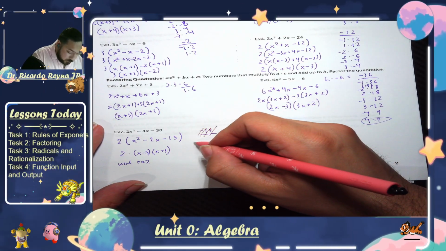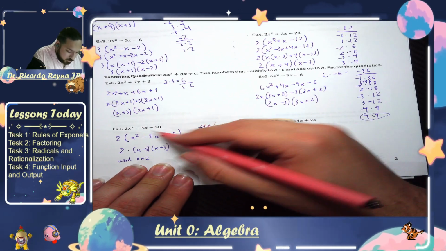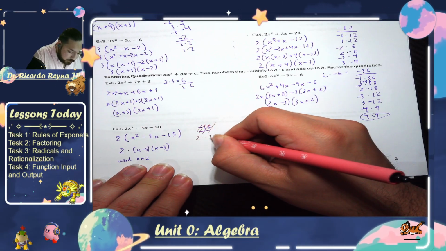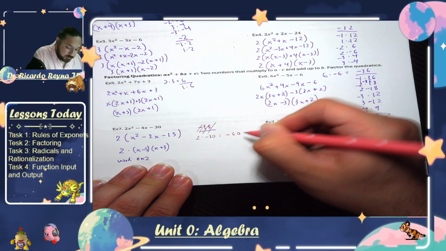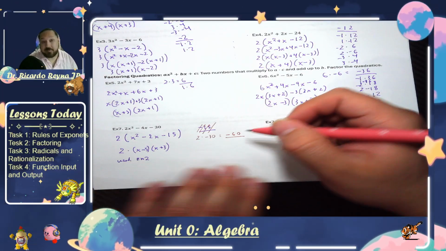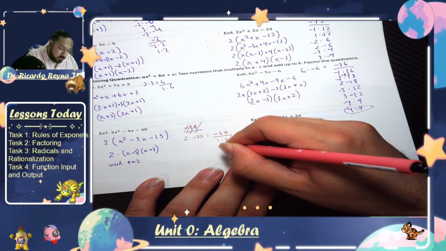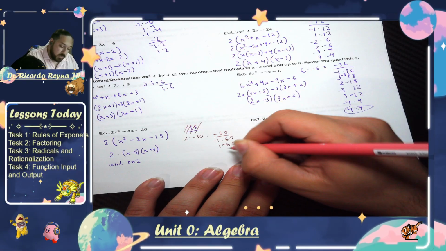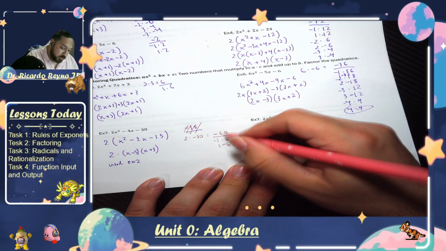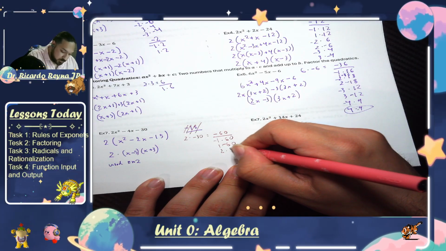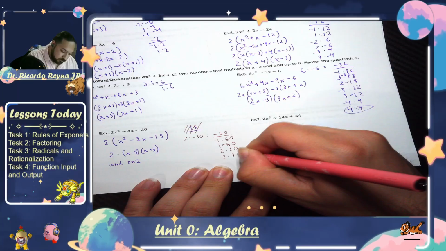We have here 2 times negative 30, which is negative 60. It's going to be tough, but it's doable. We have 1 times 60. That definitely doesn't add up to 4, or none of these add up to 4. We got 2 times 30.